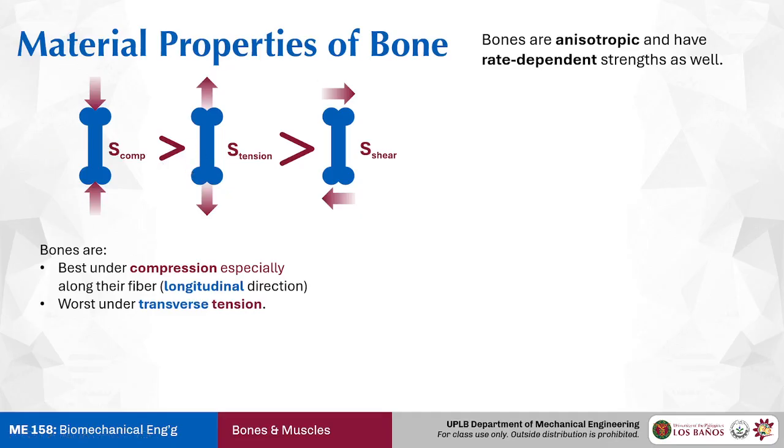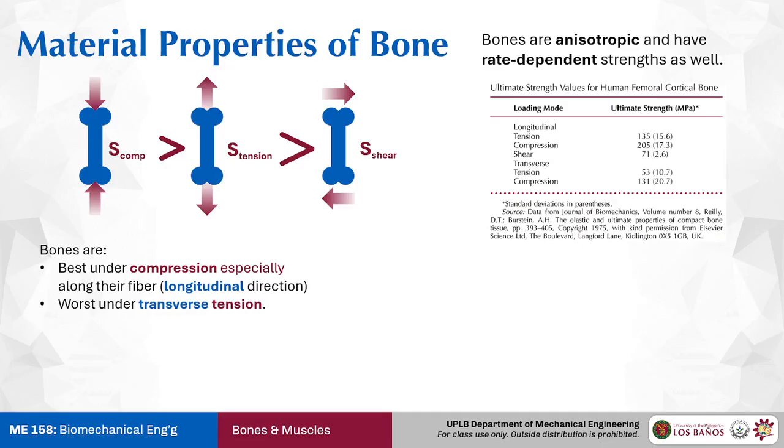If you want numbers for the strength of the bone, here is at least an example for the femur. Now, because bone is a very complicated structure, you did see that there is a fibrous matrix within the bone in the form of the cancellous part. The strength of each individual bone will change. That also changes with individuals. And now, there is also the matter of impact force.